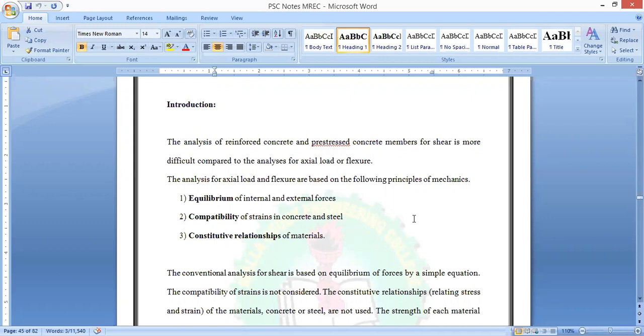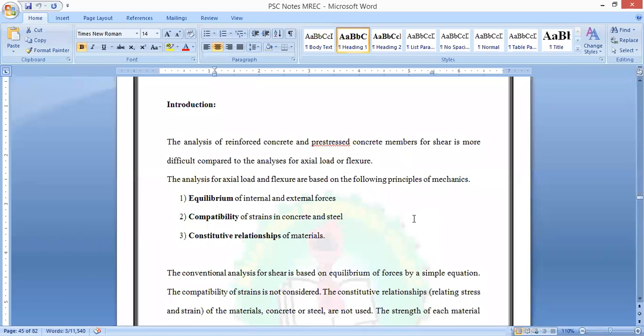These three principles of mechanics are used to analyze a member subjected to direct loads and a member subjected to bending. Comparatively, analyzing the member towards shear is very tough.